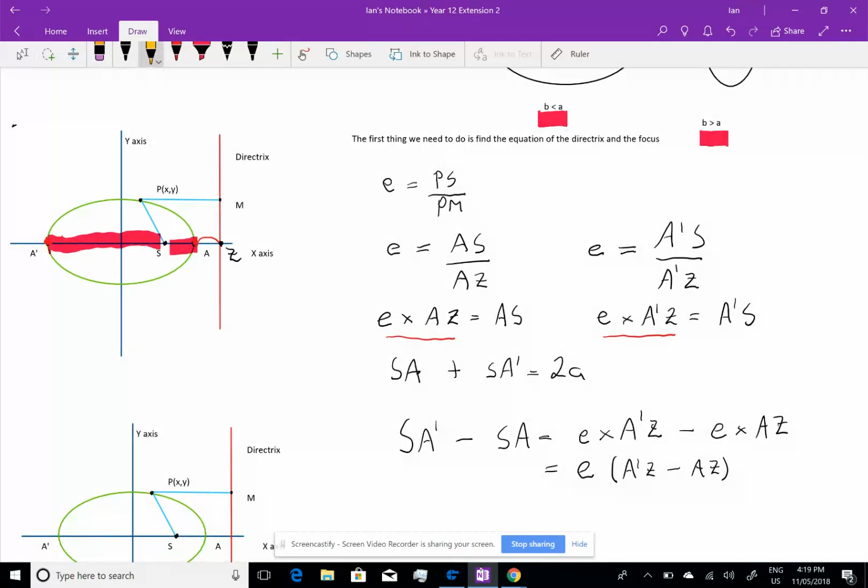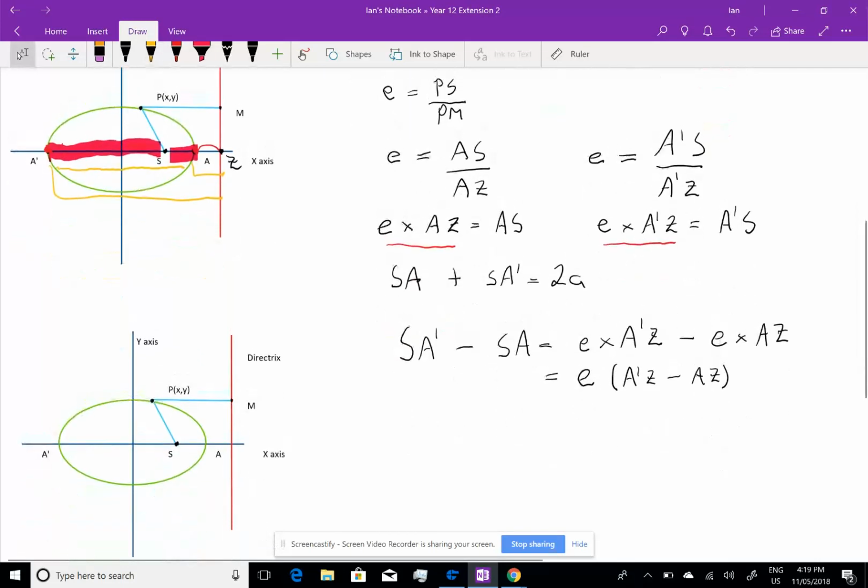A dash Z is all the way to there, and AZ is all the way there. So the bit left when I subtract them will be just from there to there. It'll be from A to AZ. Well, that's okay. So we go back to this.